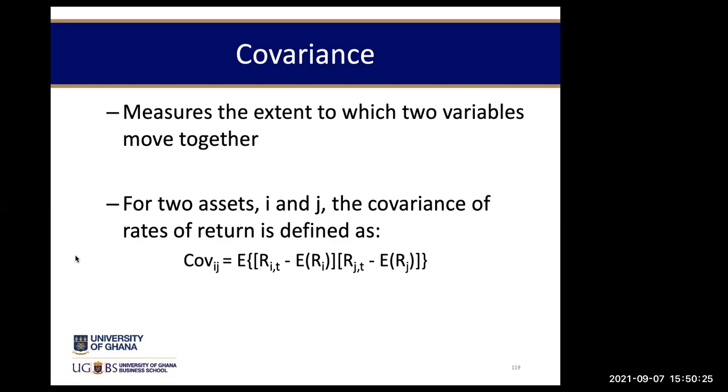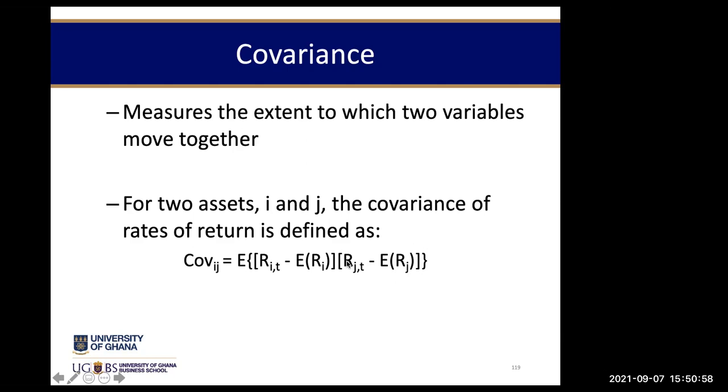So this is the deviation of asset I, times R_JT, the return of asset J at time T minus the expected return of asset J. What's the second part? The deviation of asset J. So the covariance is just multiplying the deviation of asset I by the deviation of asset J, more or less.